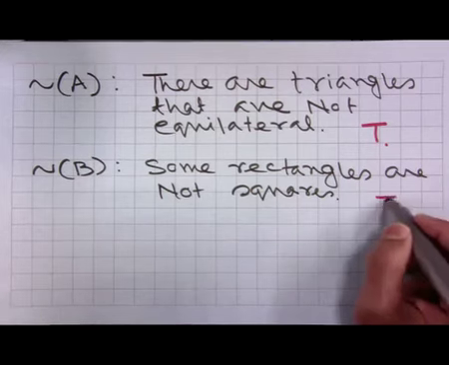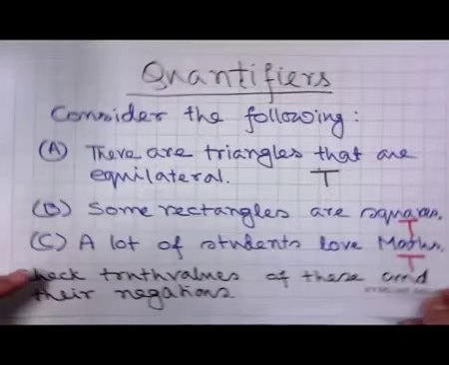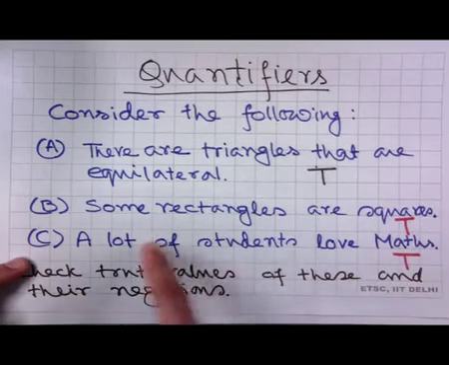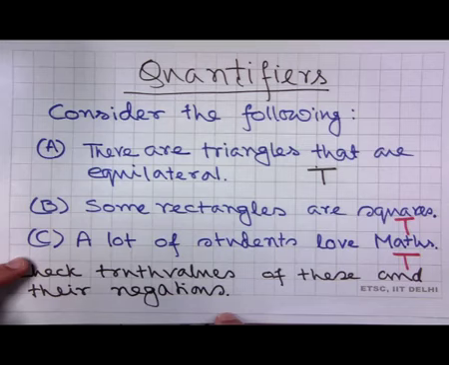So, statement B, which was true, has a negation, some rectangles are not squares, that is also true.